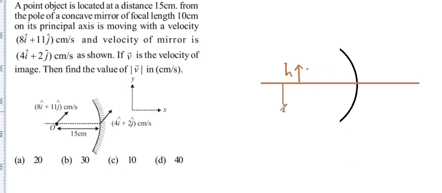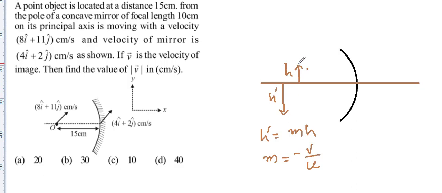Assume that the image is formed here. Height of the image is h dash. And what is the relation between this height of image and height of object? We know h dash is equal to m into h. That's the relation. And what is m? m is negative of v by u. And for a real image, this m will be negative.